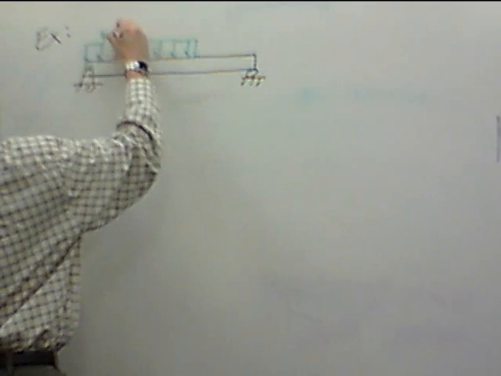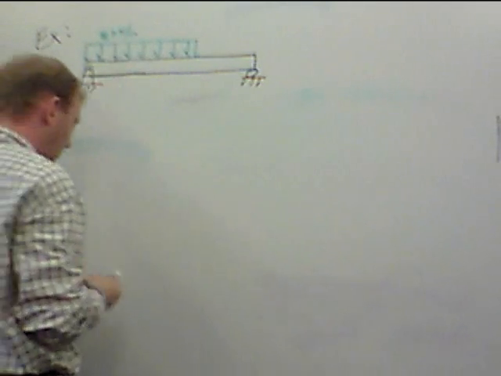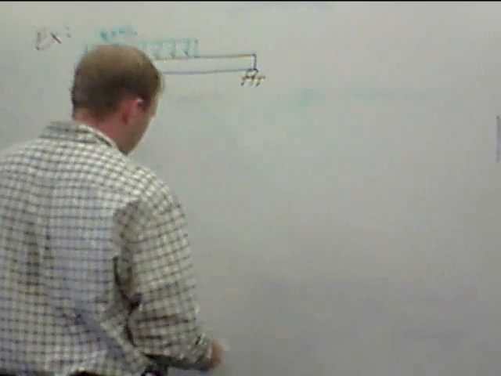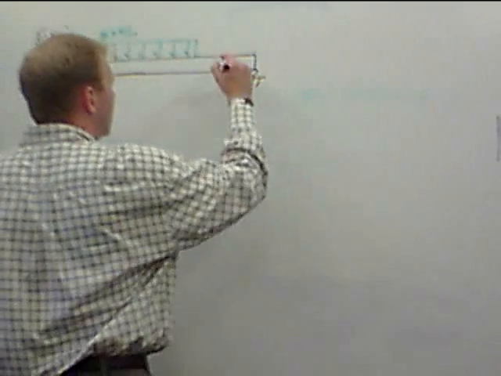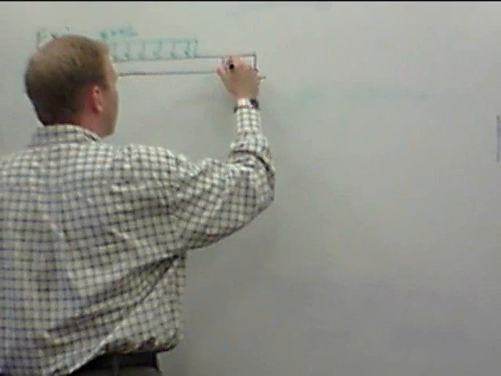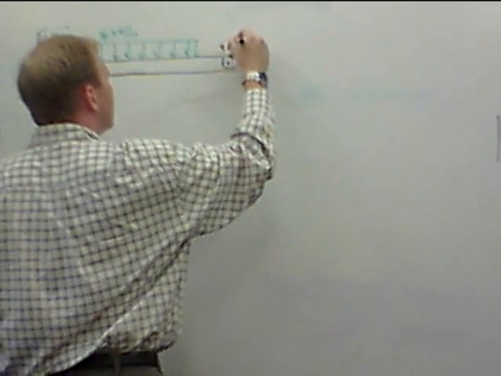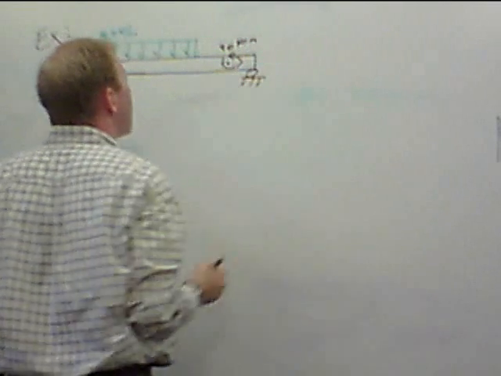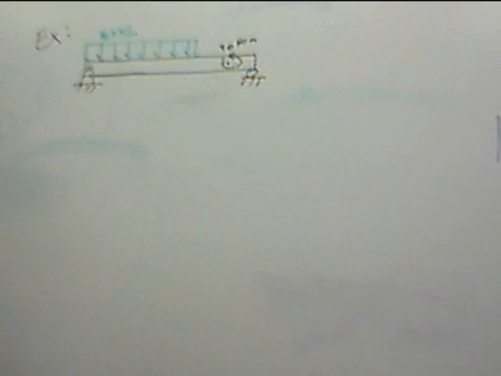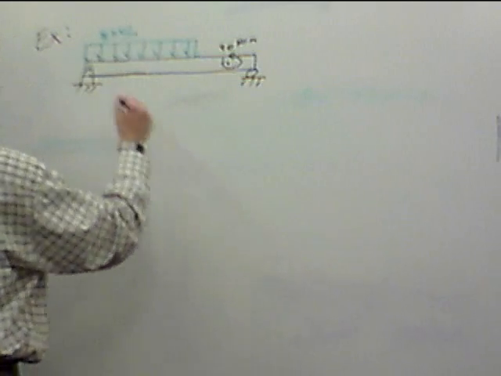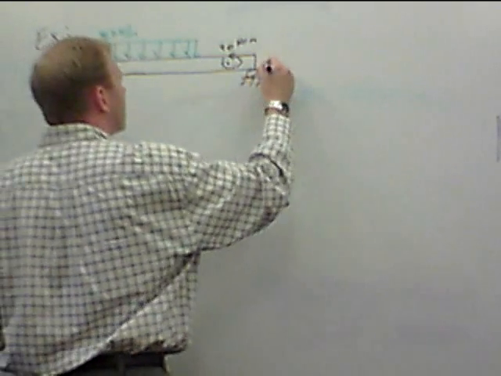Make that 8 kilonewtons per meter. And then at a point here, we're going to have an applied moment of, say, 20 kilonewton meters. All right, and label some points here. We'll call this point A and this point B.